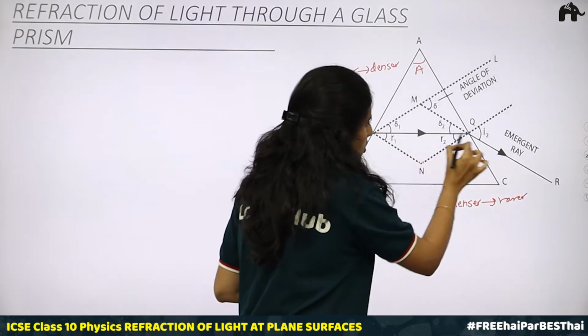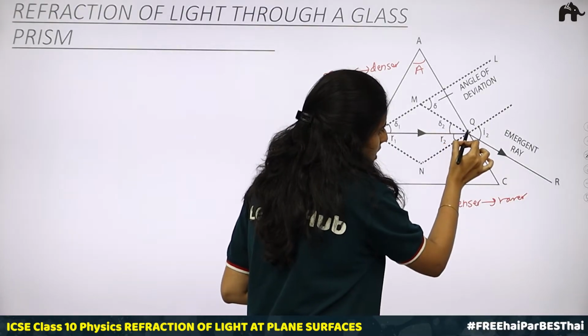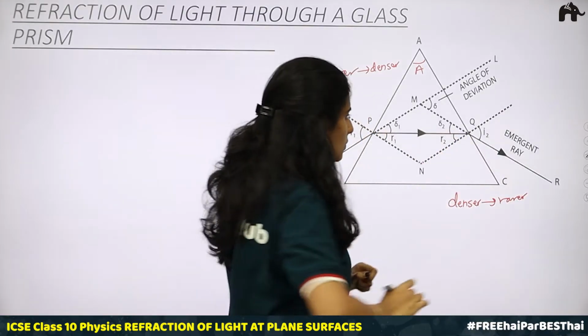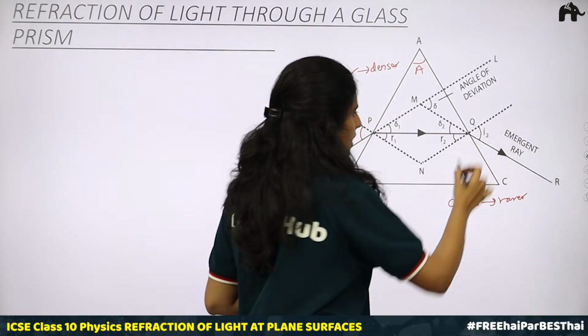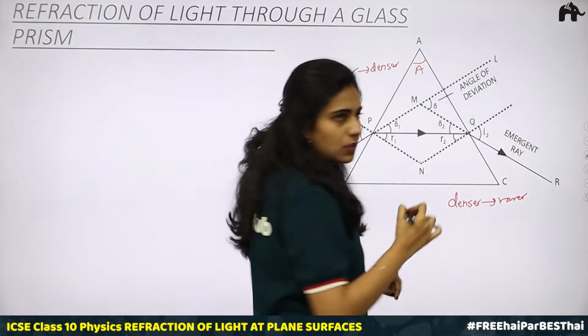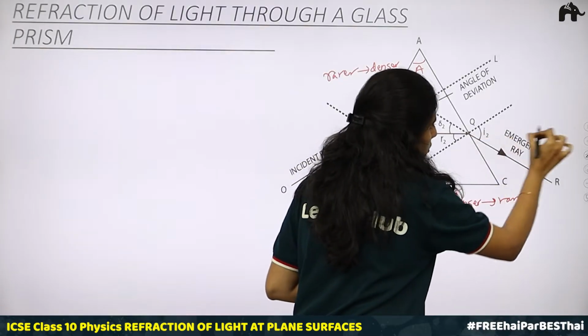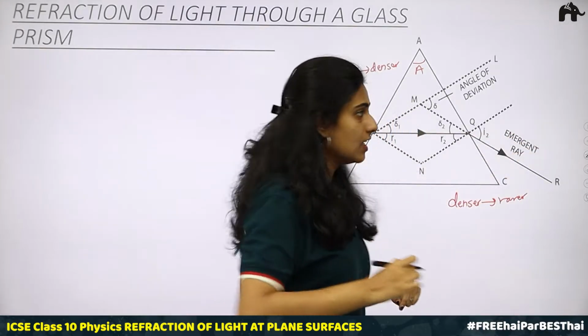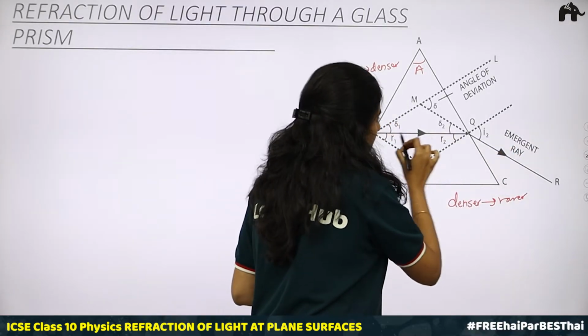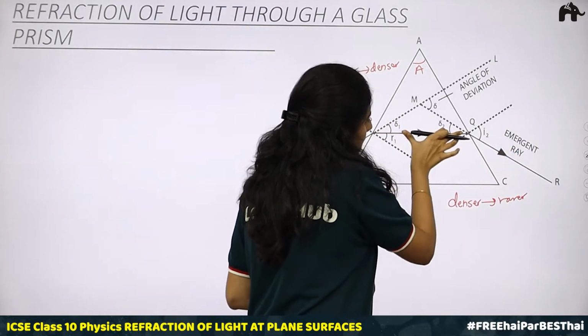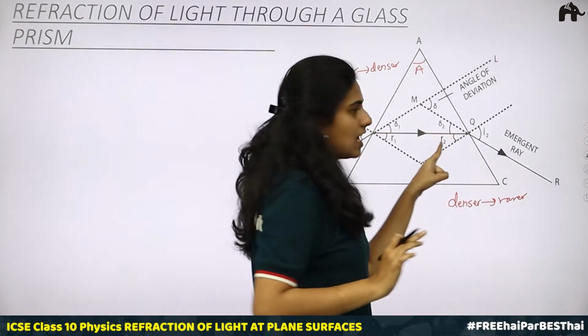So this is your refracted ray. The refracted ray touches this point. Then it comes out to air. Here you have the normal. The light should have gone in this way. What happens to the light ray? It bends away from the normal. This angle between the refracted ray and the normal is taken as R2.